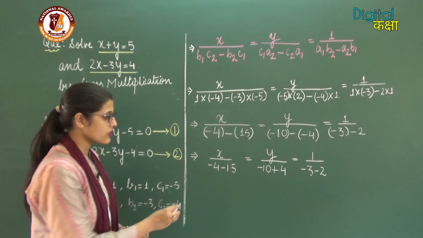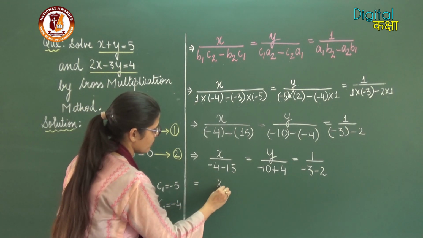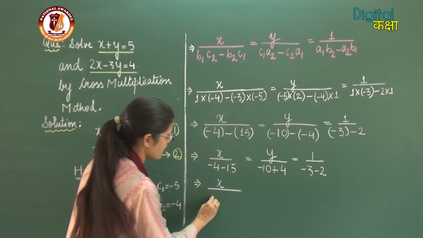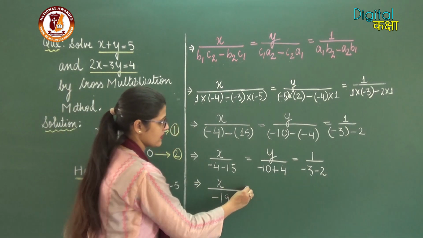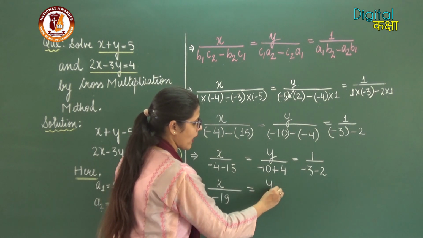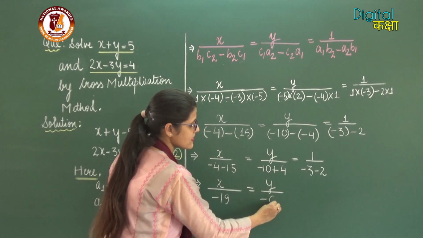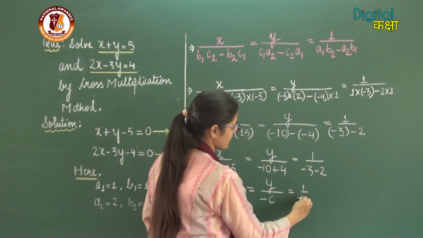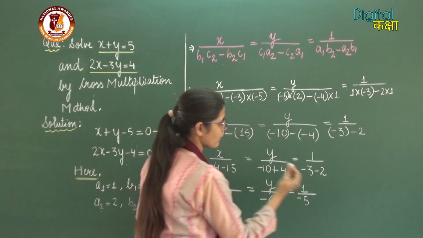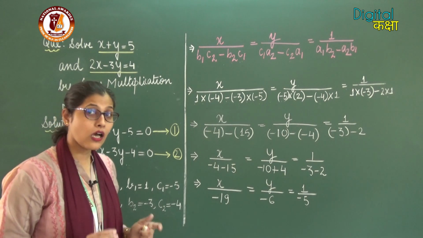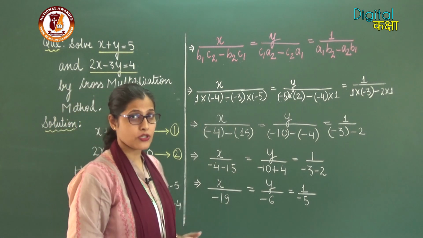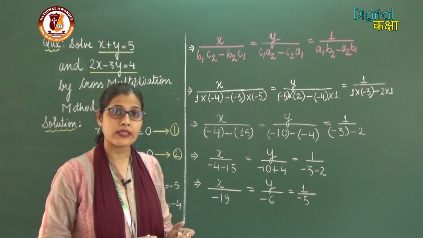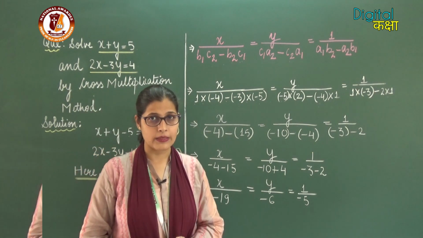To solve it further, we will be getting the value as x upon minus 19 equals to y upon minus 6, which is equals to 1 upon minus 5. Now, after getting these ratios, we need to find the value of unknown variables x and y.